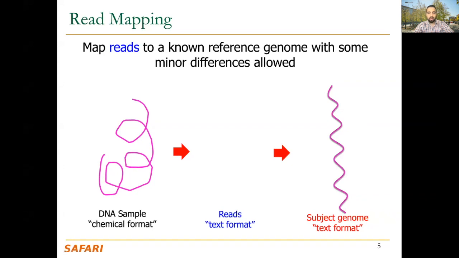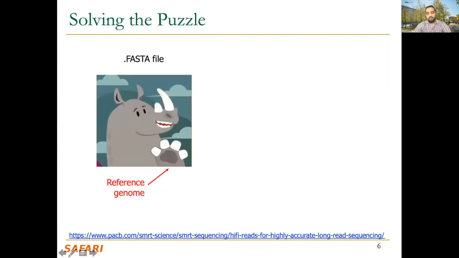You are not aiming to build that, but rather to allow some differences, because fundamentally your DNA is different from your brother's, from others, and so on. That's why we map reads to a known reference genome while tolerating some differences. These differences could be either genetic variation between you and other individuals, or some sequencing errors. And that is simply what read mapping is.